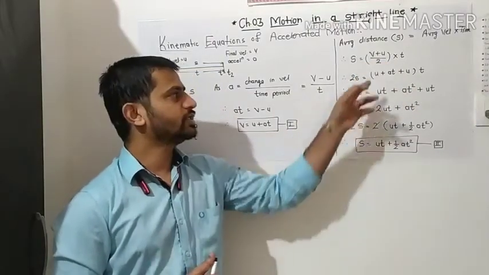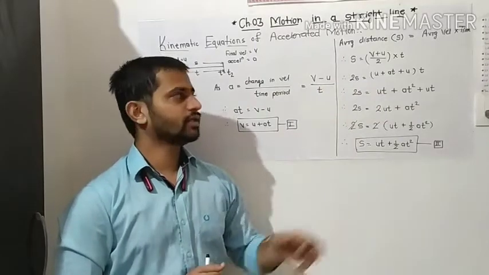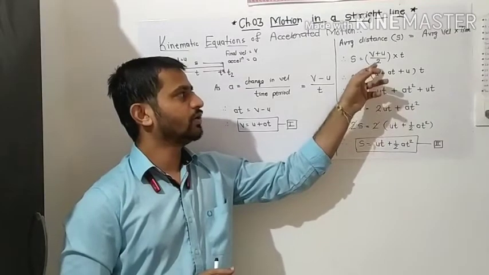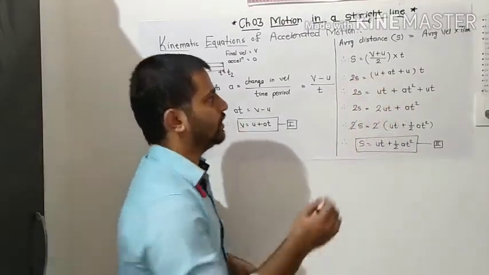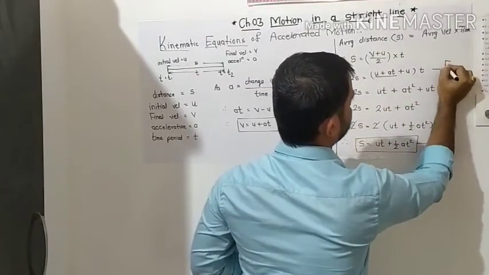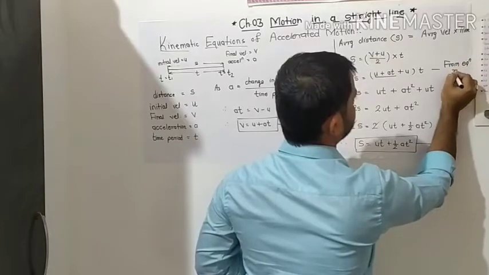If we consider this 2 going to the left side, our equation will be twice s is equal to u plus v, where v is from equation 1.